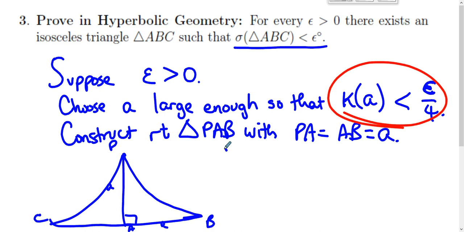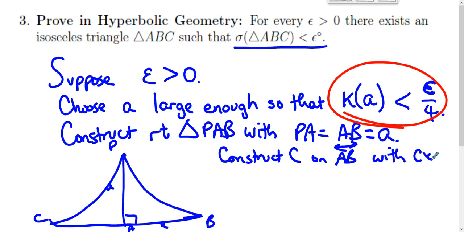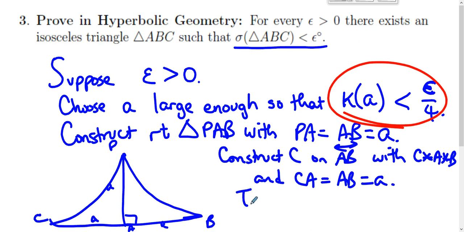And we find a point C on line AB with A between C and B and CA equal to AB equal to little a. Then triangle CPB is the desired triangle.